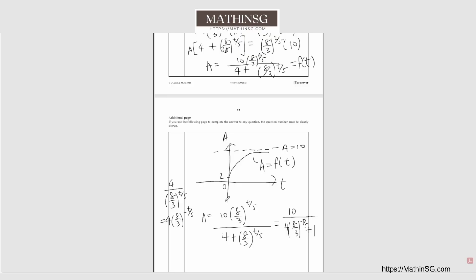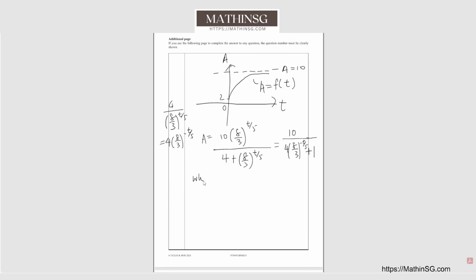Now when t tends to infinity, this is the only part with t, right? If you have a to the power of negative x, when x tends to infinity, this whole thing will approach 0. Whenever you have a negative power, as the power becomes extremely negative, the whole thing will be very close to 0. So I know that (8/3) to the power of minus t over 5 will tend to 0.